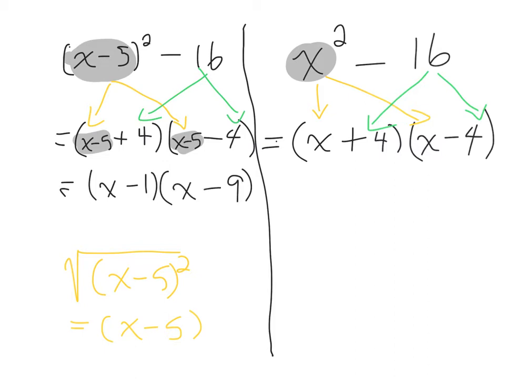Now the only caveat here is that if I try to expand this, I'm not going to end up with the equation that I started with. But if I really wanted to know if I got this right, I could expand this guy and then combine, and then expand this guy by foiling, and I should end up with the same result for both of those questions.